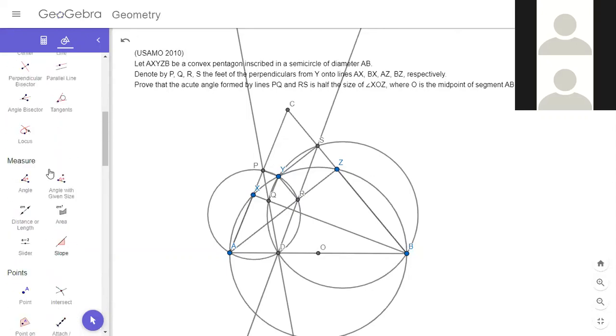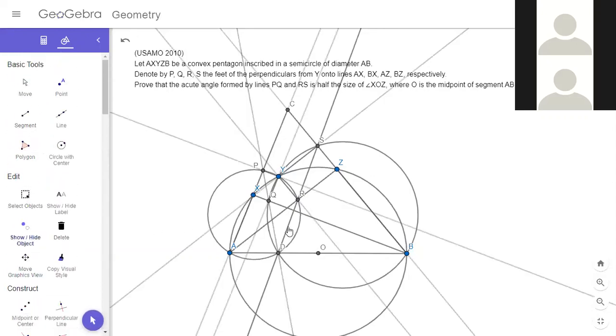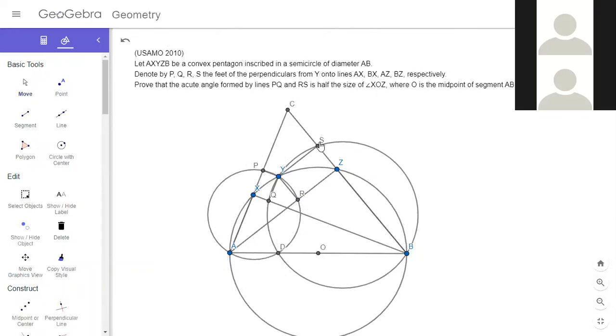And so basically we just need to show that P, Q, and D are collinear, and S, R, and D are collinear, and then it's kind of just like angle chasing, right? So yeah, how do we show that? I mean, even that just seems like an angle chase.